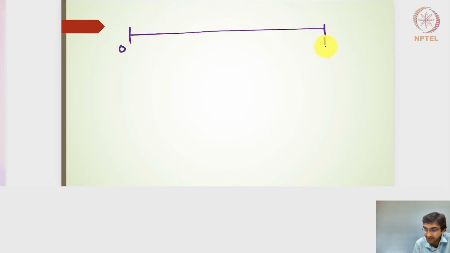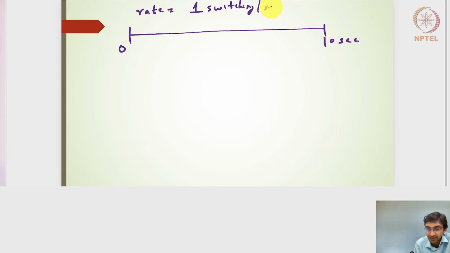All right, so let's have a look at it one by one. What I meant in the previous slide is, let's say I have 10 seconds of duration, so 0 to 10 seconds. For the task A, which is now configured with a rate of, let's say 1, that means 1 switching per second.